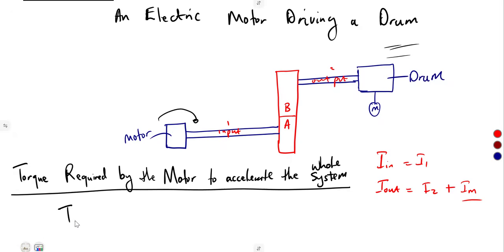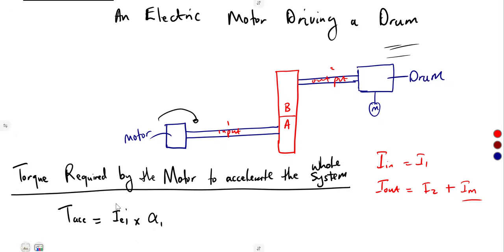So that torque to accelerate the whole system must be considered from the input. So you must use equivalent moment of inertia for the input times angular acceleration of the input.